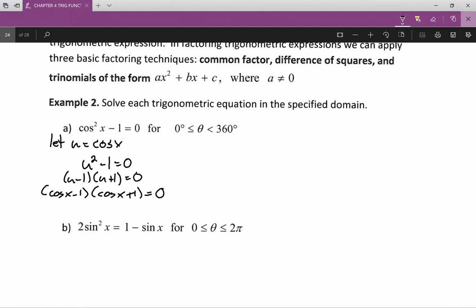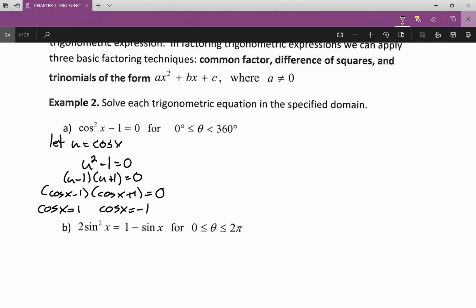So then, if I look for where cos x minus 1 equals 0, that would tell me that cos x has to equal 1. And this one would tell me that cos x has to equal negative 1.